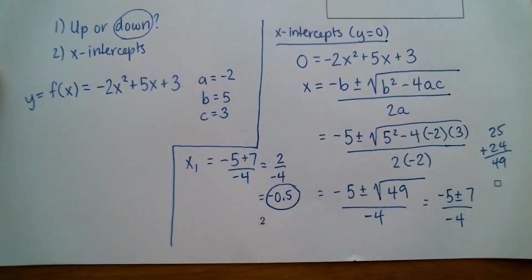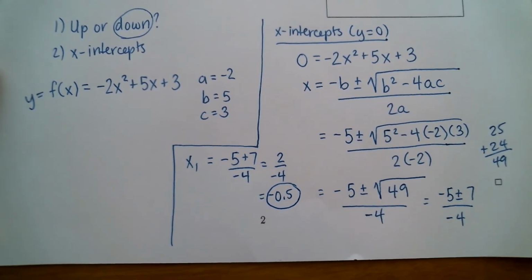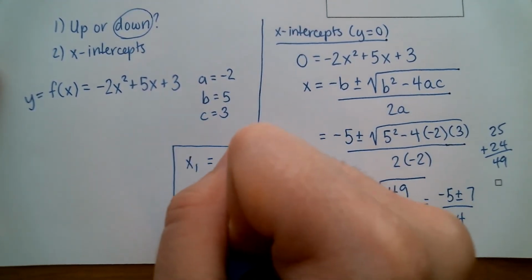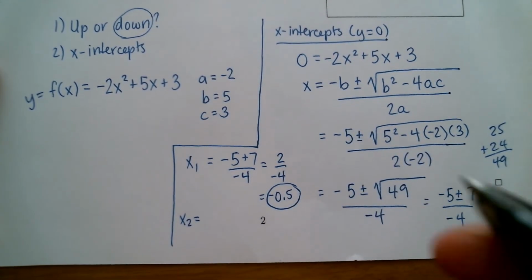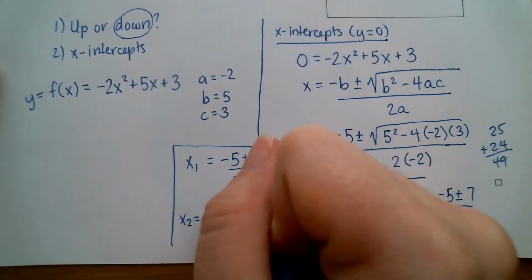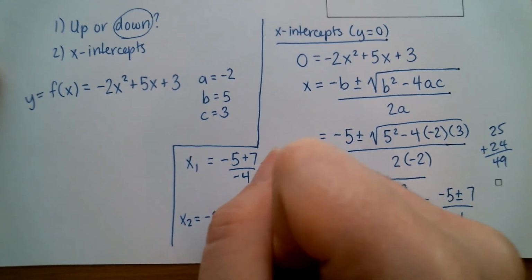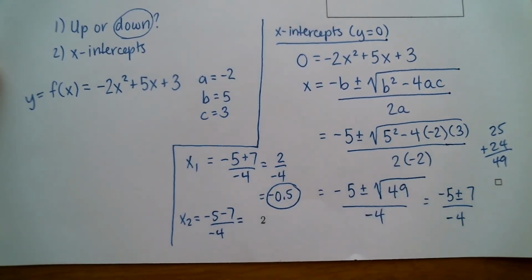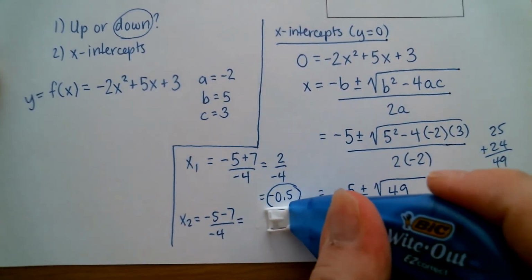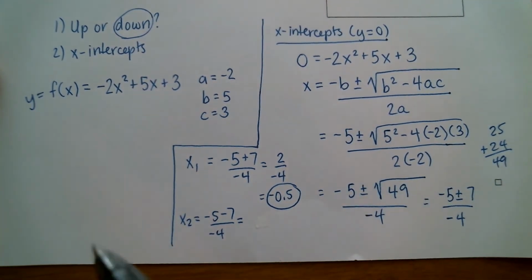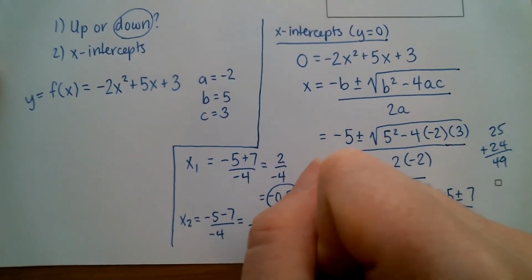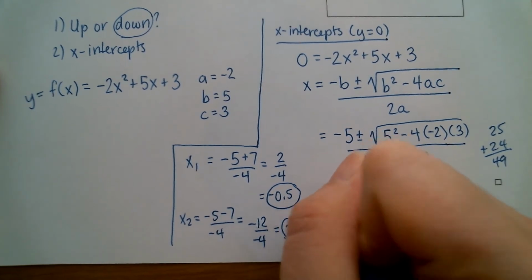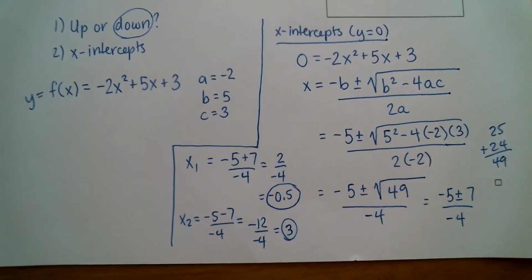The other comes from choosing the minus sign: negative 5 minus 7 over negative 4, which is negative 12 over negative 4, so positive 3. Those are your two x-intercepts.